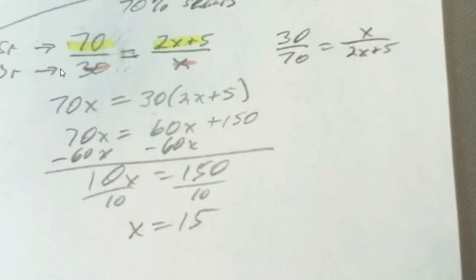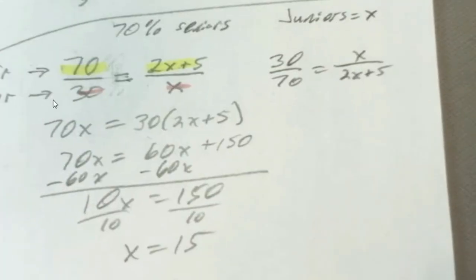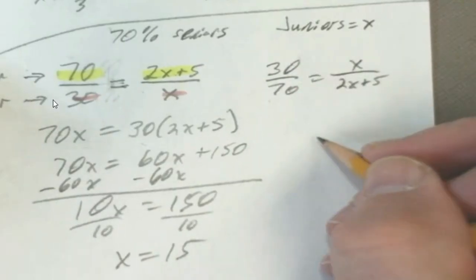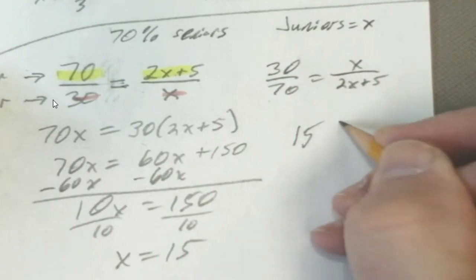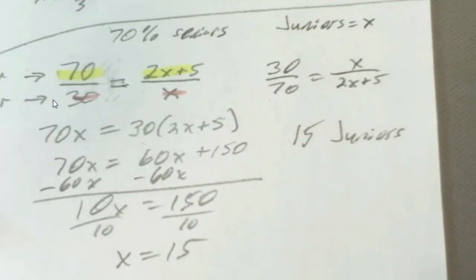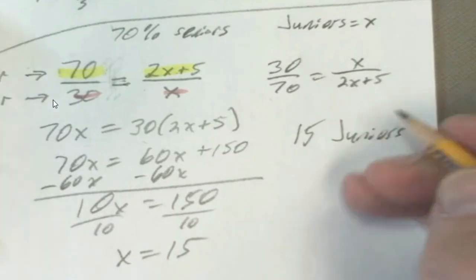So what do we know now? It wants to know how many seniors and juniors there are in the math club. What did we learn? We set juniors equal to x. 15 juniors in the math club. How many seniors are in the math club?